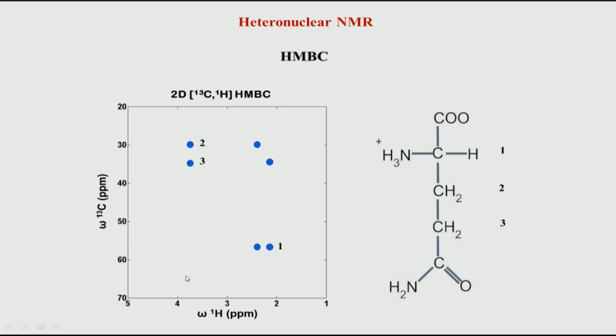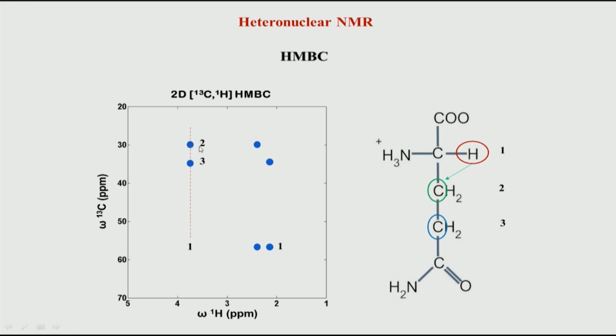So, let us come to this spectrum. Here, this vertical dotted line corresponds to proton number 1, which we saw in the HSQC was around 3.5, and this carbon was around 60 ppm. Somewhere here, but now we have suppressed that correlation and tuned our experiment to long range. So, now I will start seeing this proton to this carbon correlation, that is, proton number 1 on this horizontal line and carbon 2.